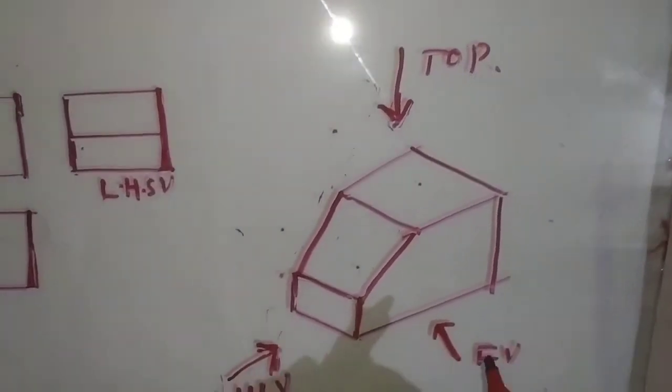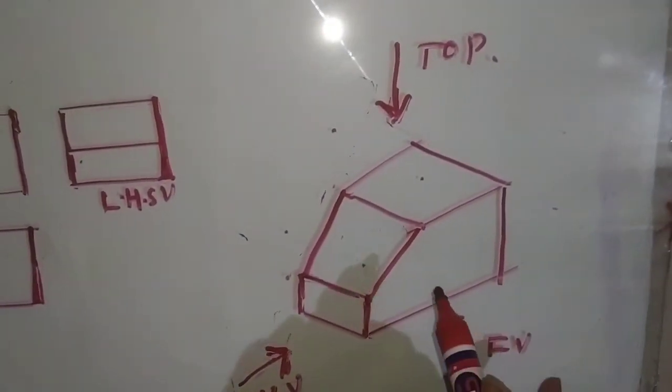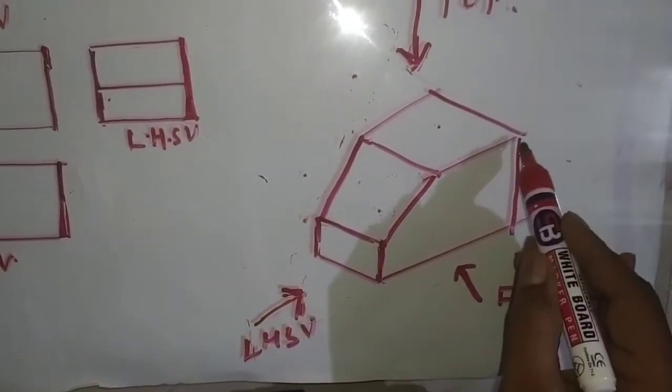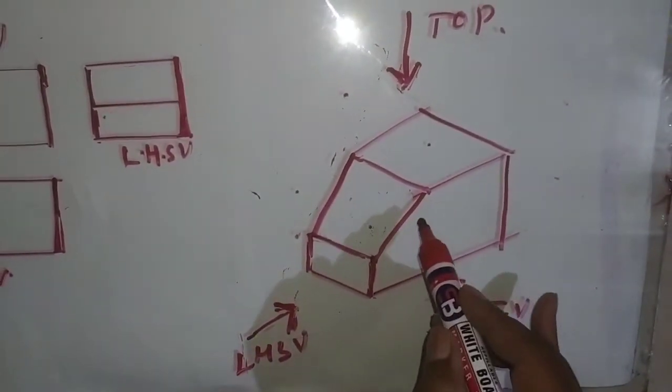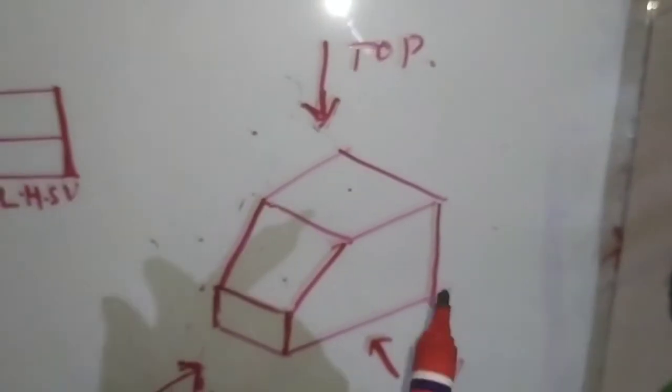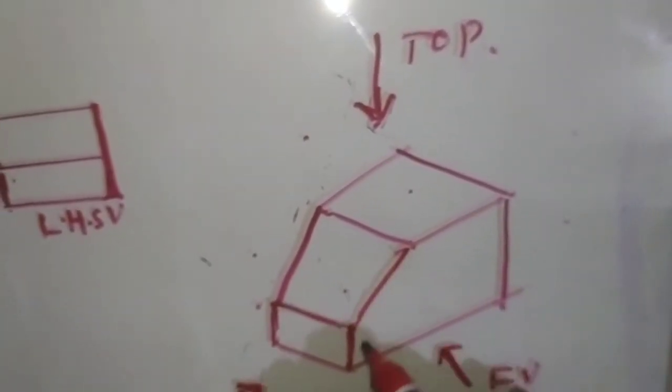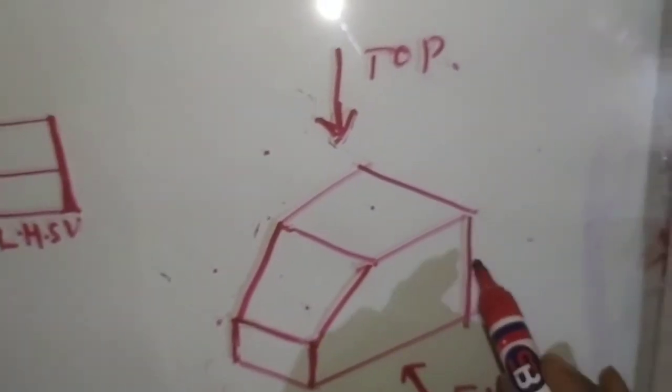Now if you consider the regular surface, if you observe this surface in the front view, we will obtain all true lengths.